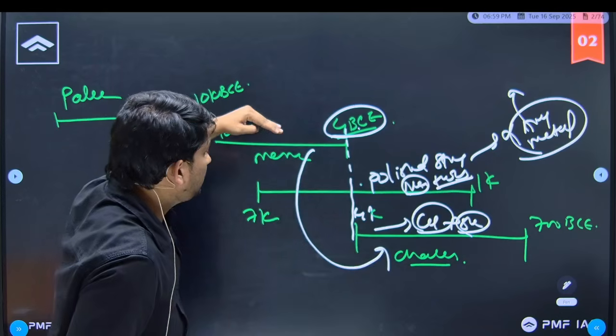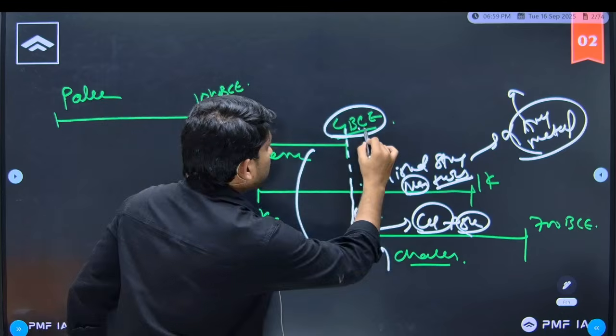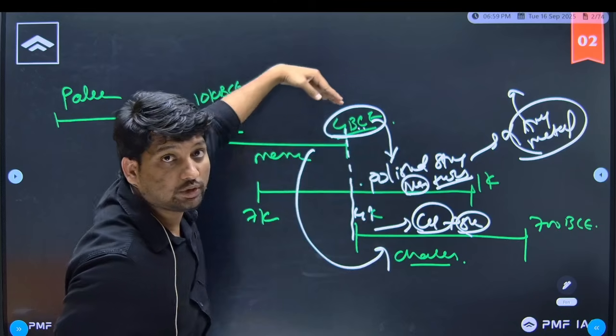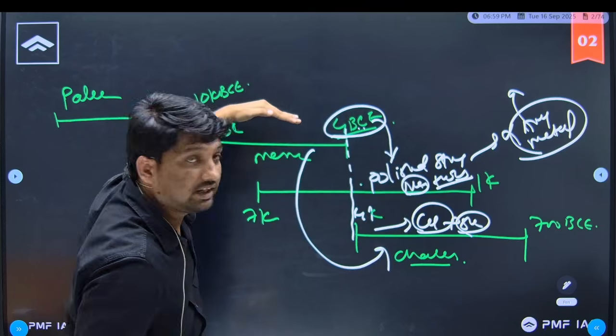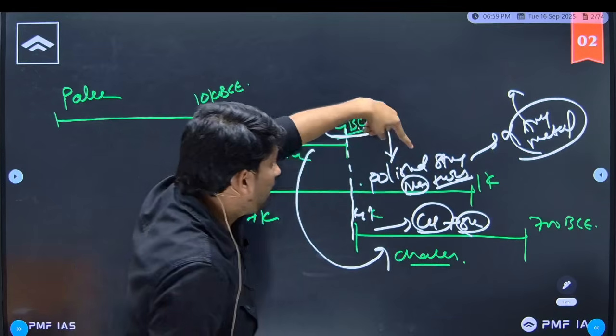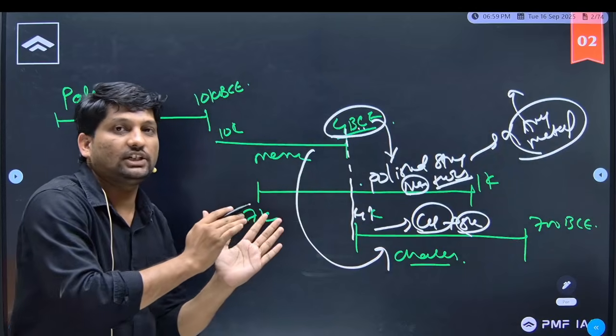So from Mesolithic they will directly jump into Chalcolithic culture. Some sites from Mesolithic first go into Neolithic: earlier they were using microliths, then they start using polished stone tools.